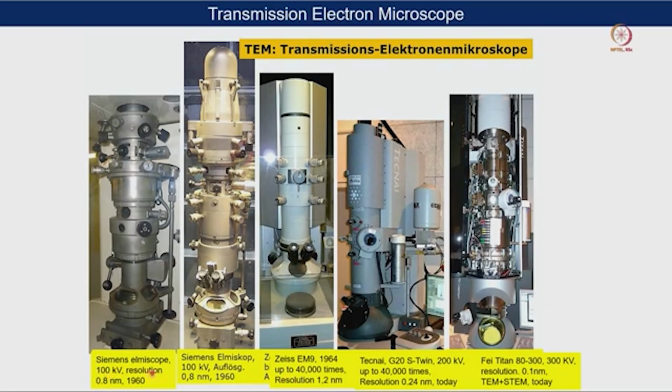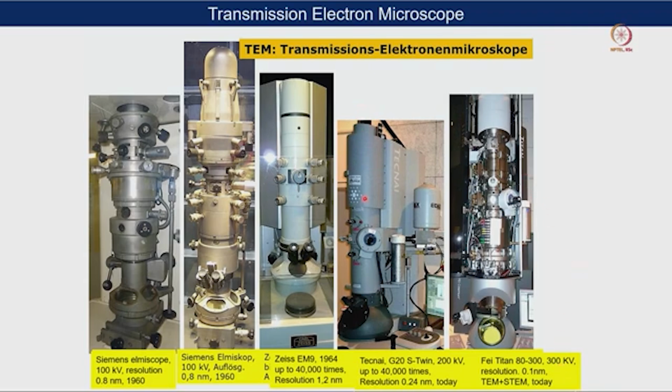Initially it was a 100 kilovolt microscope and the magnification was only 12,000x, and then gradually it improved to 40,000x. Nowadays, as I mentioned previously, the microscopes we use start from 120 kV to 300 kilovolt, and you can even go to 600K magnification to image any material science sample or biological science sample.